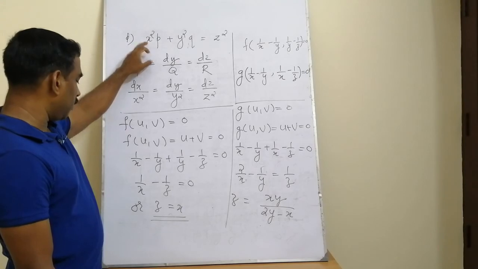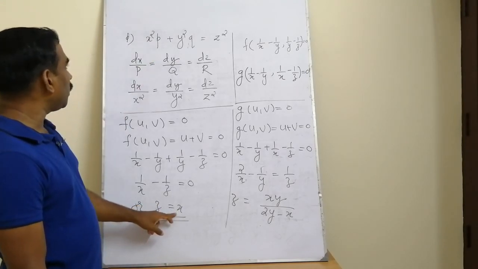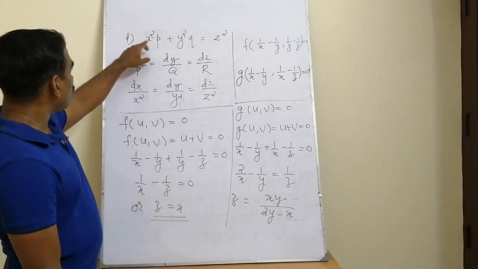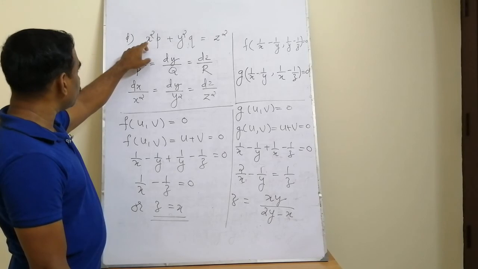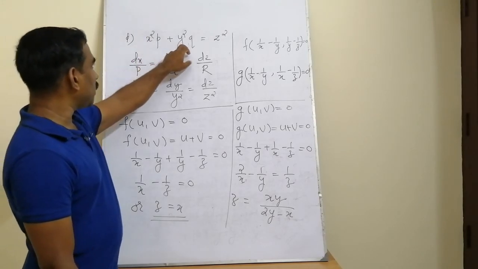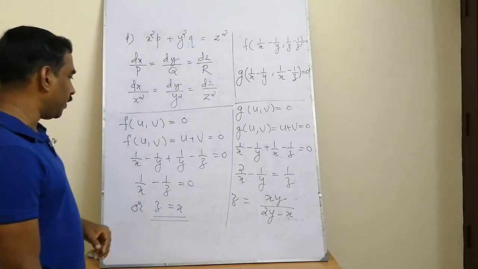this differential equation. What is the partial derivative? Dou z by dou x is 1, and dou z by dou y is equal to 0. So dou z by dou x, p is equal to 1, that is x square, plus 0 is equal to z square, with z equal to x, that is x square equal to x square becomes an identity.